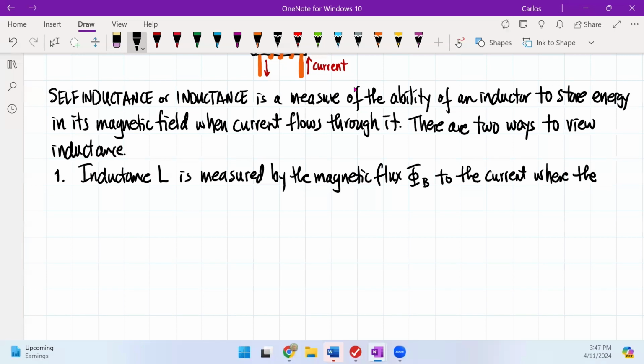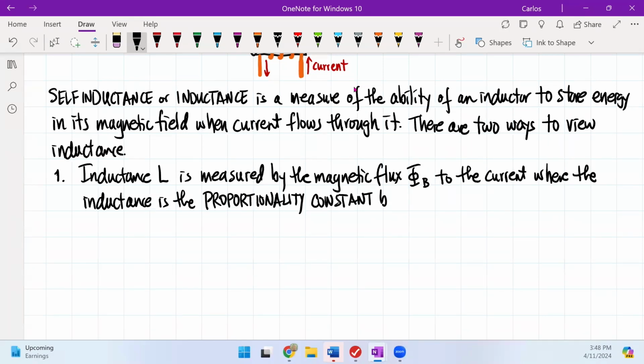where the inductance is the proportionality constant between the flux and current.